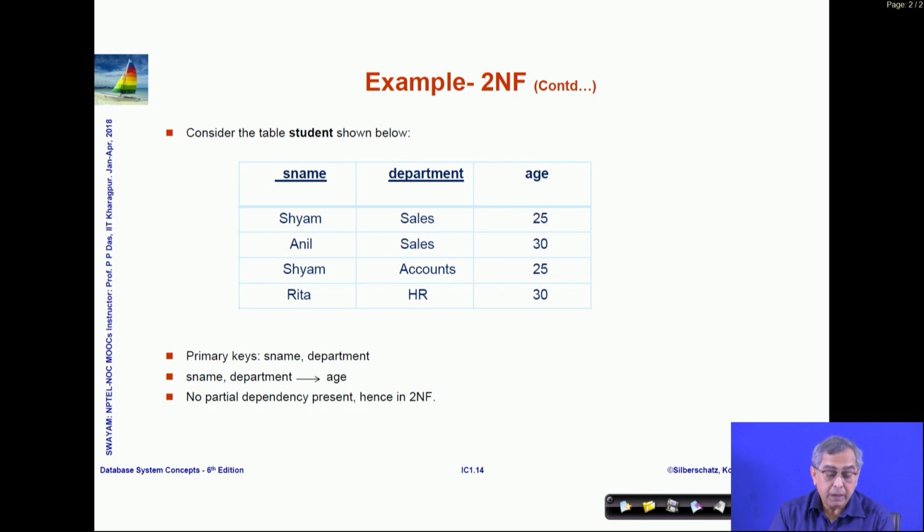Now, this dependency also has an underlying assumption that in the same department at the same time there are not two different students with the same name. Now, given this, certainly this is the only dependency. So, this dependency is not a partial dependency, because the left hand side is all prime attributes. So, this particular table is in second normal form, right.